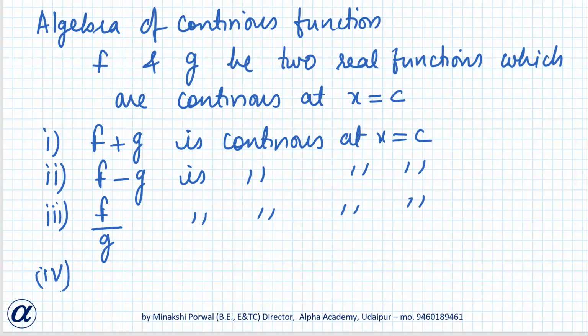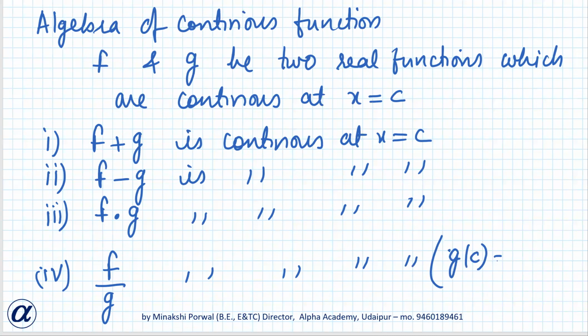F into g is continuous at x = c, and f divided by g is also continuous at x = c. Only here the condition is provided that g(c) should not be equal to 0.